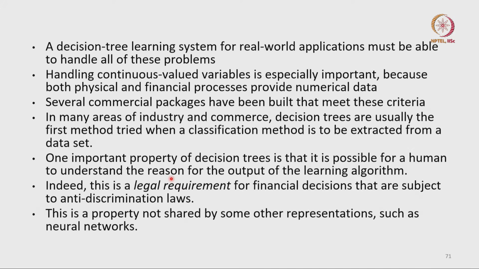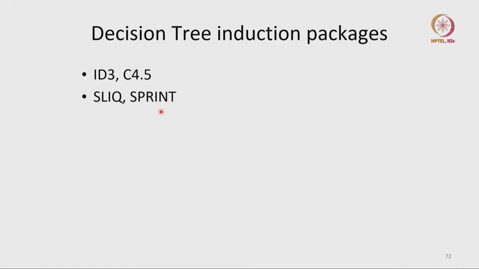It's a legal requirement in many cases, especially when it comes to the medical field, etc. Because of that the decision tree is very popular, because of its explainability and how easy it is to understand why exactly it is choosing a certain option. So these are some packages which are available, ID3, C4.5. These are very well known packages, and then you have things like SLIQ, SPRINT, etc.